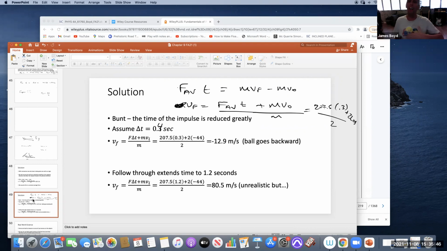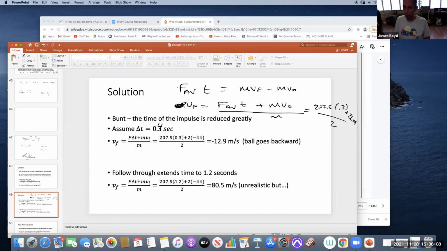You want the impulse to last as long as possible for that golf ball or baseball to travel as far as possible. So what if we extended the time to 1.2 instead of 0.8? So let's say you're in contact with the ball for 1.2 seconds, which is completely unrealistic, but I chose some numbers.